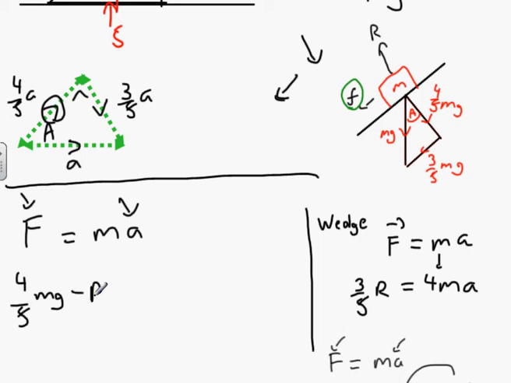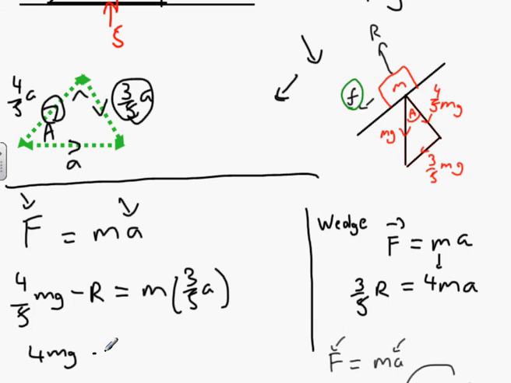And then after that, it's just m multiplied by 3 over 5 a, the acceleration in that direction. Okay, so m times 3 over 5 a. Multiply by 5: 4mg minus 5R. Remember to multiply in by m as well, 3ma. Alright?